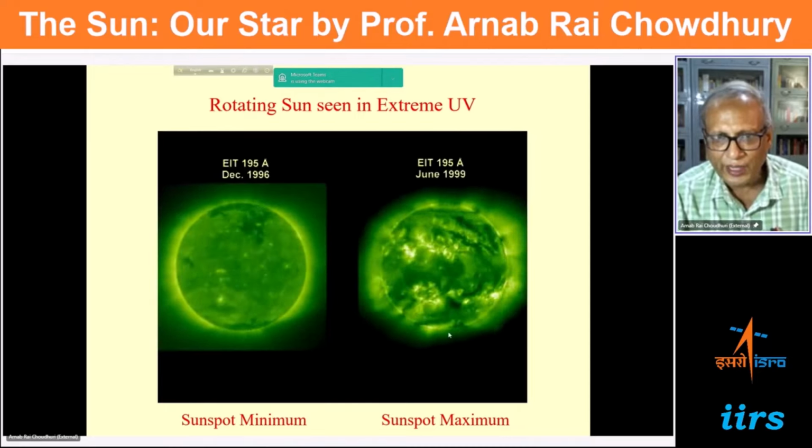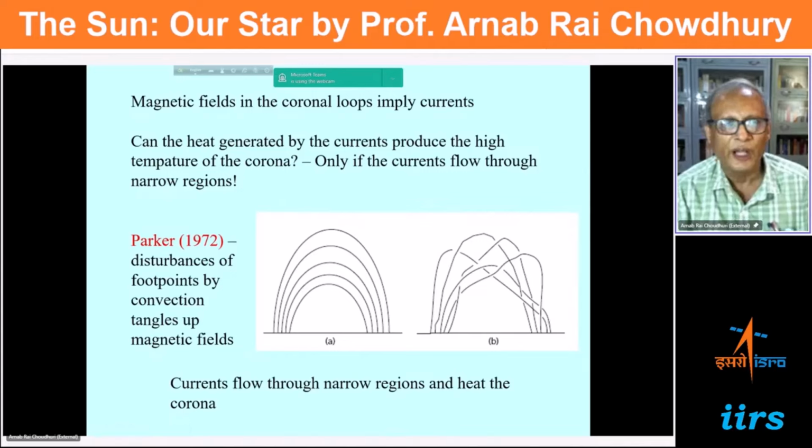And at the sunspot maximum, you see lots of loops. These are nothing but magnetic loops above the sunspot pairs. And these are the brightest regions, indicating that whatever be the mechanism for producing heat in the corona, that mechanism is maximally operative within these coronal loops. So what could be this mechanism?